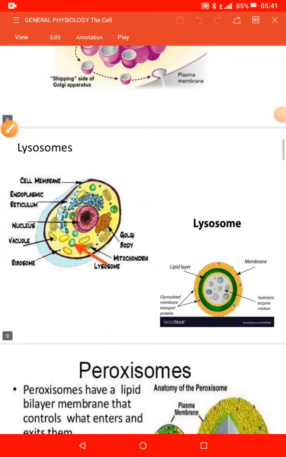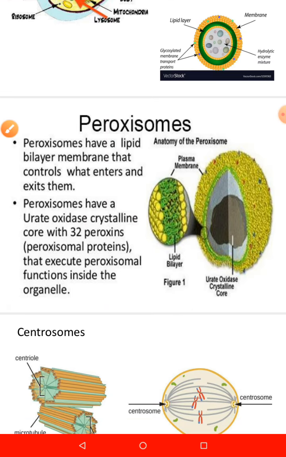And then the other thing is another organelle we can talk about is peroxisomes. Don't confuse the function of the peroxisome and the lysosomes. The peroxisome have a lipid bilayered membrane that controls what enters and exits the cell.